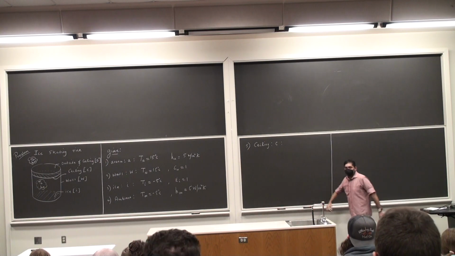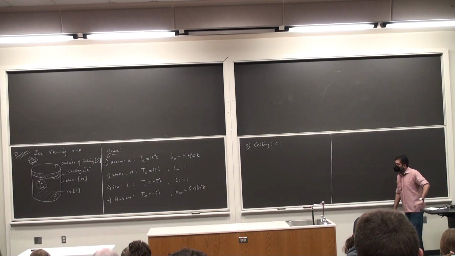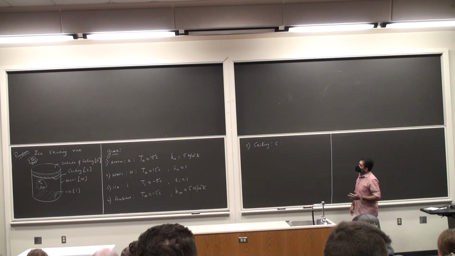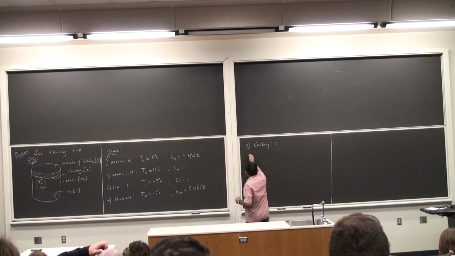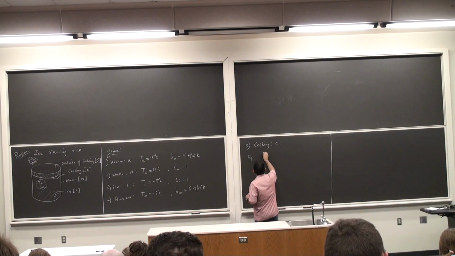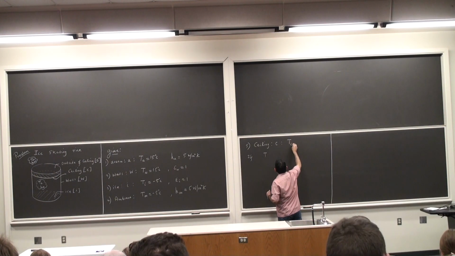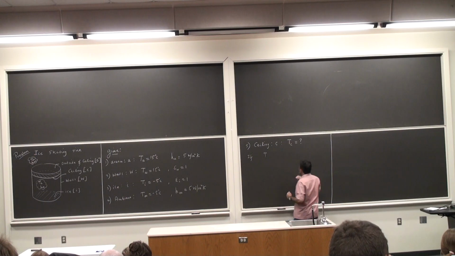Now here is the issue. If the temperature of the ceiling falls below 9.4 degrees Celsius, first of all, the temperature is not known to us, so this is unknown.